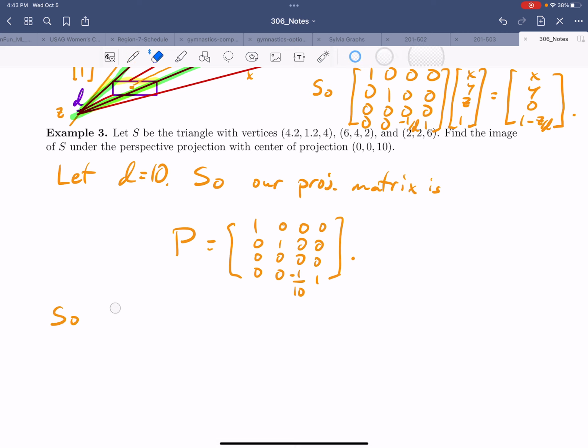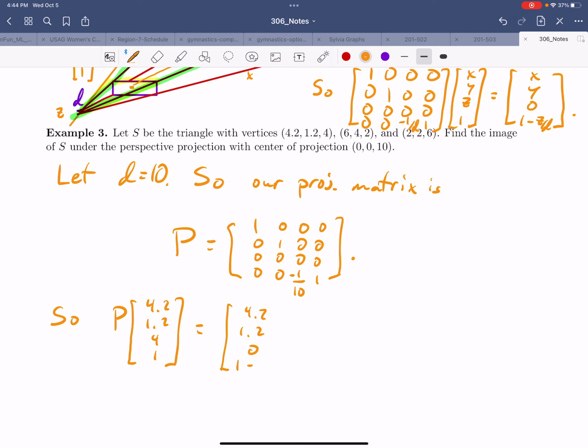And so you can just find P of each of these points, right? 4.2, 1.2, 4, and then we do need to stick in that 1, right? Because we are using homogeneous coordinates, right? And we know what it should give us, right? It should give us 4.2, 1.2, 0, and then 1 minus whatever z over d is, right?